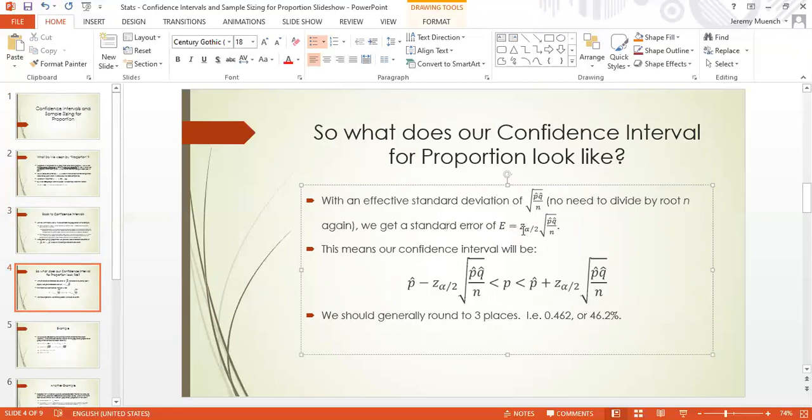We get a standard error of z sub alpha over 2, your z for the confidence interval that we've dealt with in the past, times root p hat q hat over n. So our confidence interval, instead of reading x bar minus z sub alpha over 2 times standard deviation over root n, now reads p hat, instead of x bar, minus z sub alpha over 2, it's the exact same z, times root p hat q hat over n.